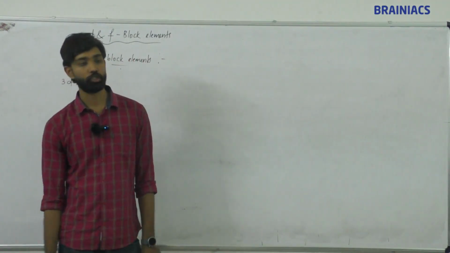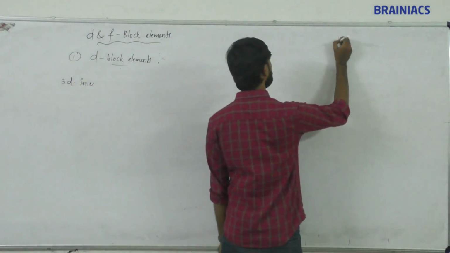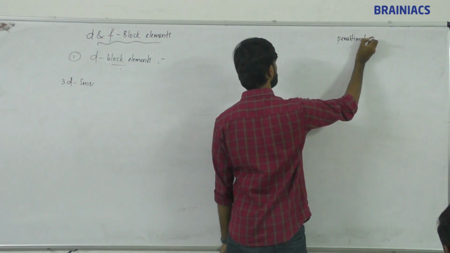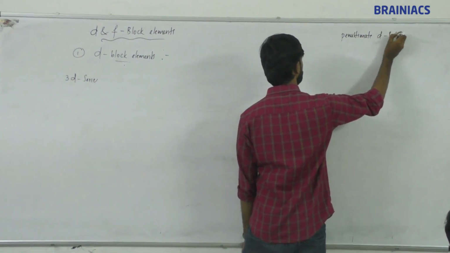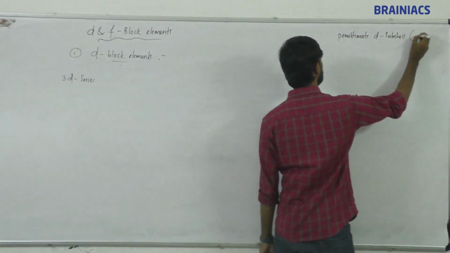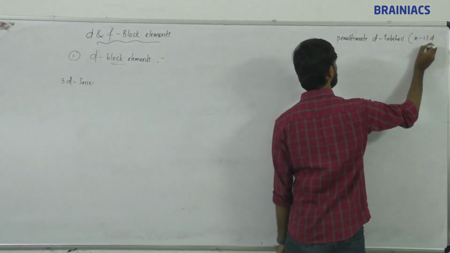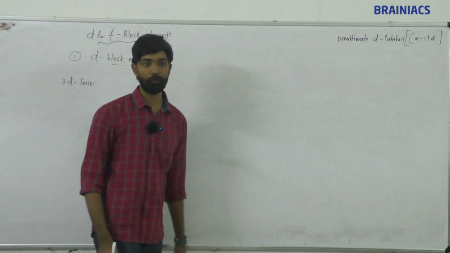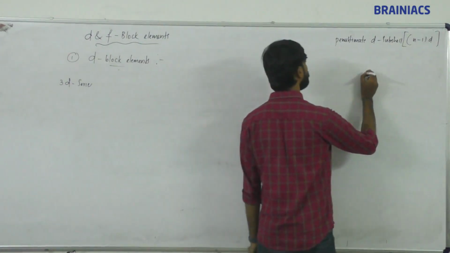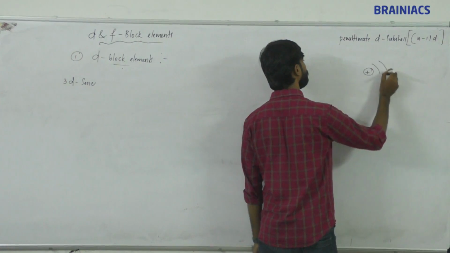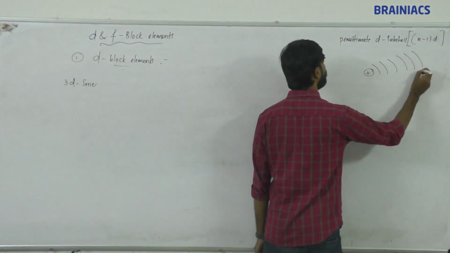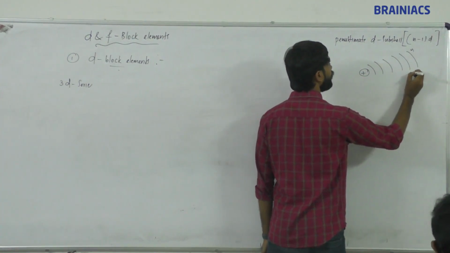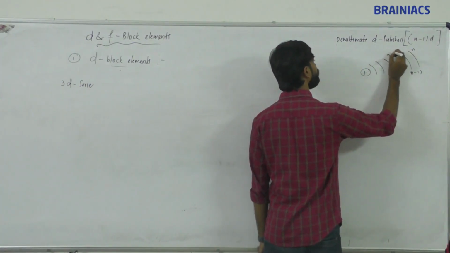D block element, first point: the last electron enters the penultimate D subshell, written as (n-1)d. Penultimate D subshell means (n-1)d. This is the nth shell, then n-1th, n-2th.